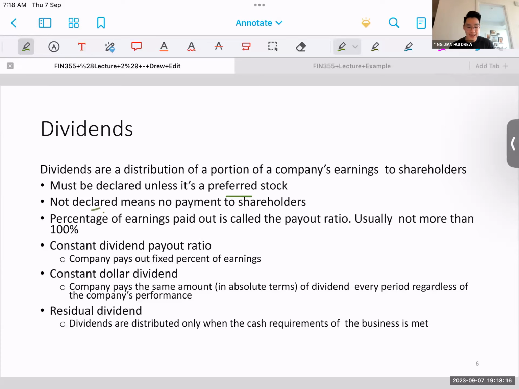An important thing to take note of, which is a bit of a technical point: there are dividends paid and dividends declared. Any dividends that are not declared will not be paid. So there are two steps, right? Dividends must be declared first, then they are paid. If it's not declared, it means that there is no payment to the shareholder.